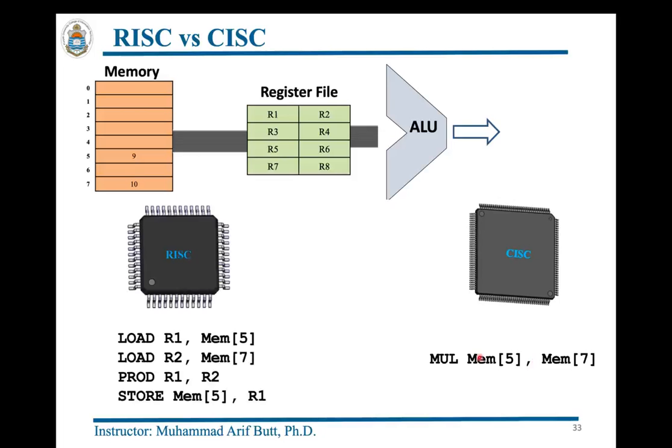Well, dear students, in case of RISC architecture, which is normally load store architecture, the same task is performed using maybe 4 simple instructions. And of course, the clock cycle of a RISC architecture will be far less than the clock cycle of a CISC architecture. Well, my dear students, when you compare RISC and CISC, there is no clear winner, as I will show you on the next slide in a brief comparison. The usage of a RISC or a CISC architecture all depends upon the application and the scenario of use.